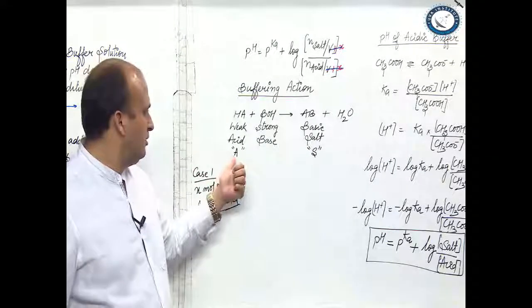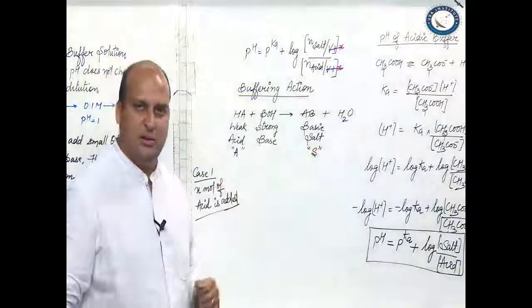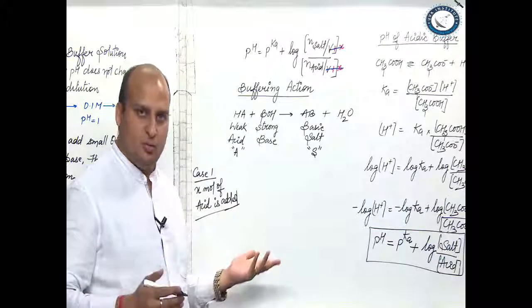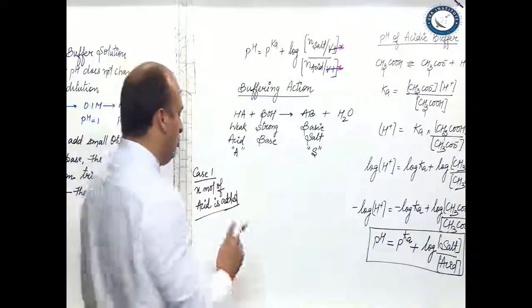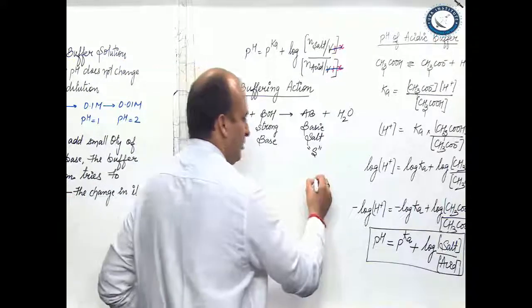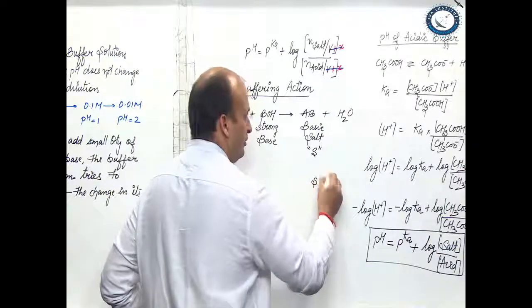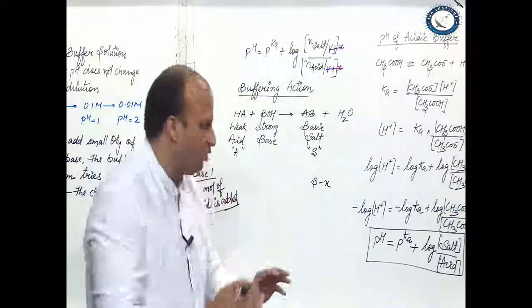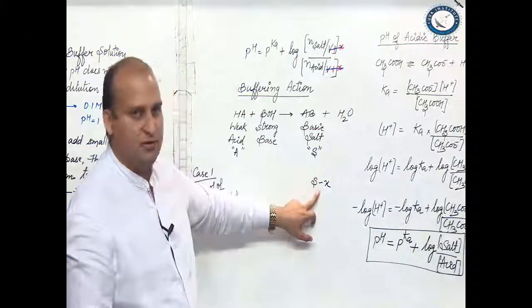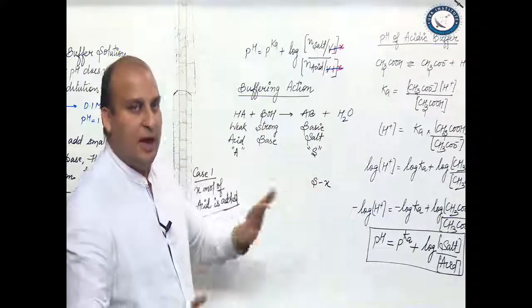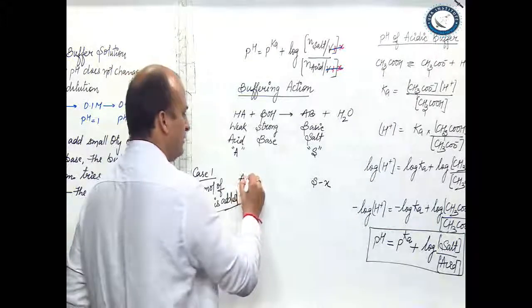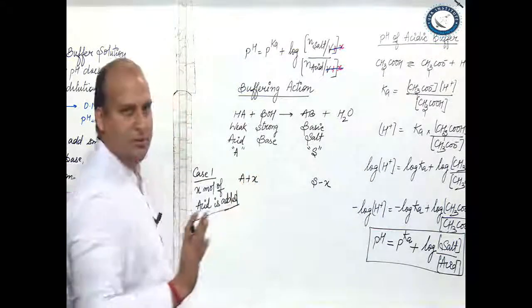One is the acid, one is the base. But obviously, acid will combine with what? Acid will combine with base. So this acid will combine with this salt. So if the acid is reacting with the salt, the amount of salt remaining will be S minus X, and the amount of acid formed will be A plus X. Are you getting my point or not?